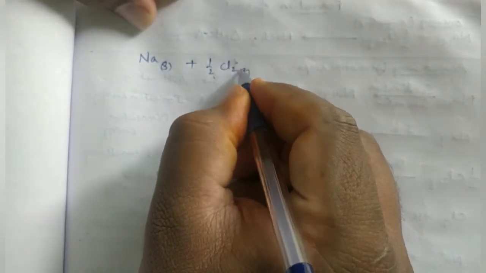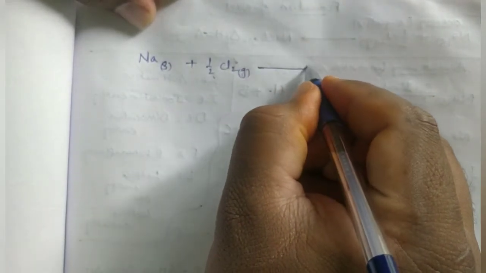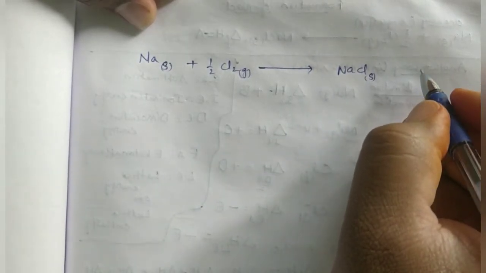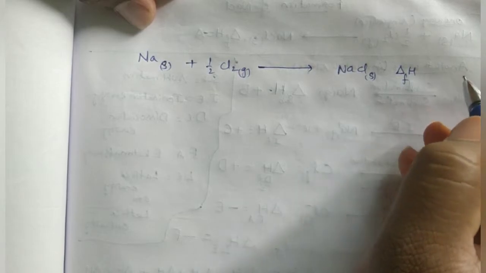Sodium solid plus half Cl2 gas is converted to NaCl solid. For this reaction, delta H formation.